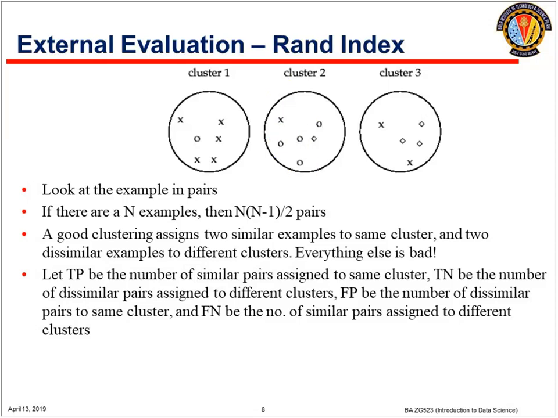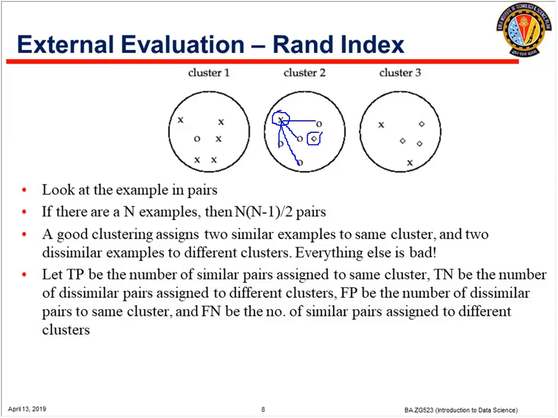Okay, so 5 with X, and you can say 4 with diamond. That's fine. So 5 with X and 4 with diamond. What you can do is look at each pair as a line. Each line going from one to the other is one pair. You cannot count it twice.